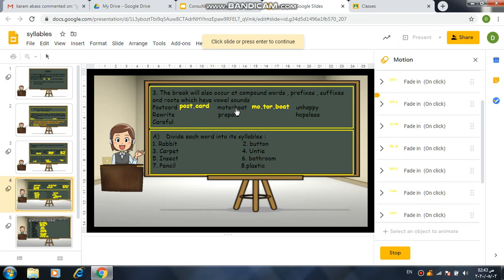Motorboat. It consists of three syllables. Motorboat. How can I split these? Do you remember when I said T is between two vowels O and O, so I split between O and T. It will become mo-tor-boat. Unhappy. Un is a prefix, one syllable.